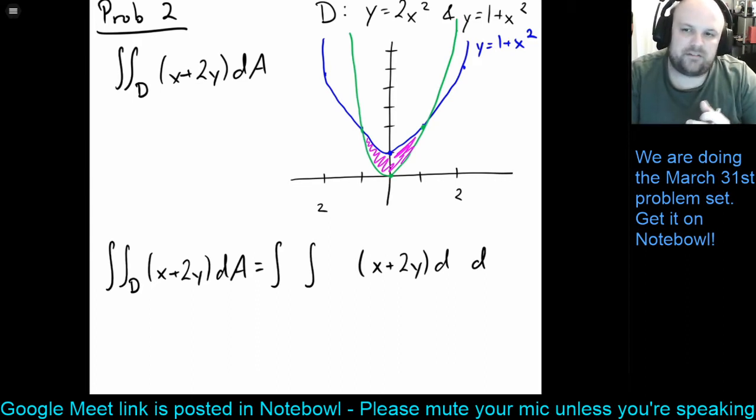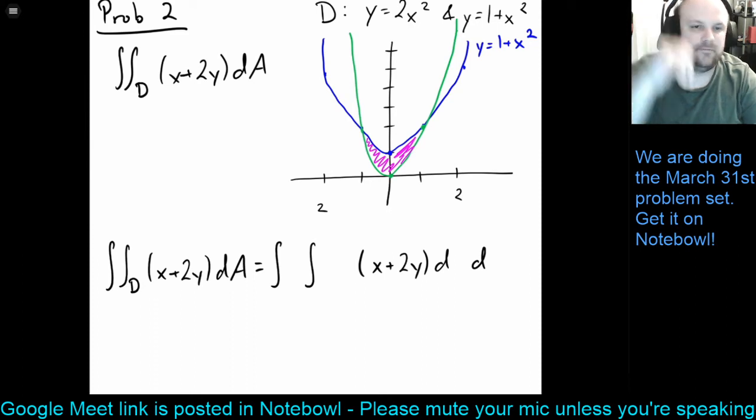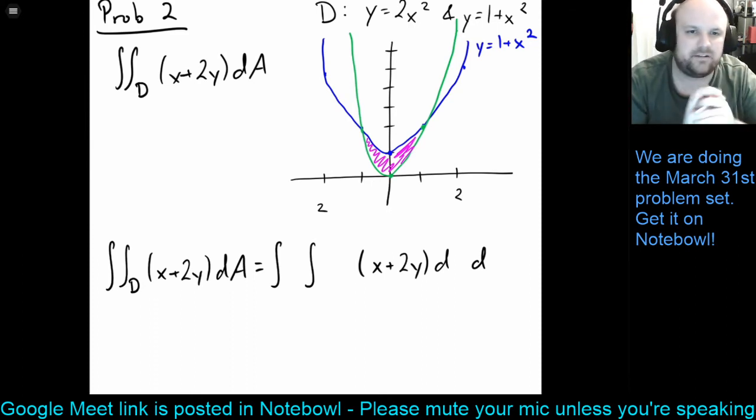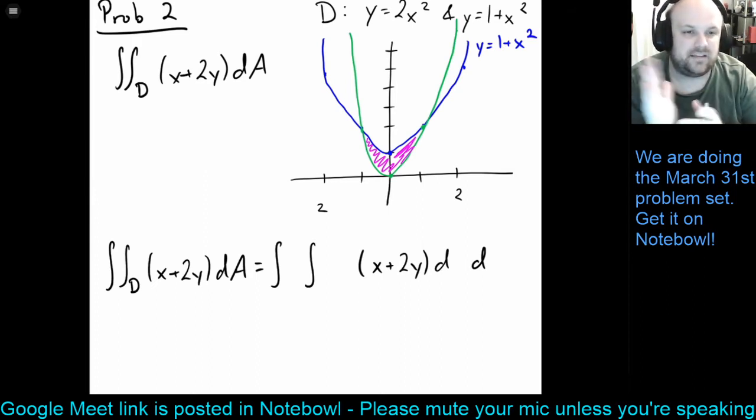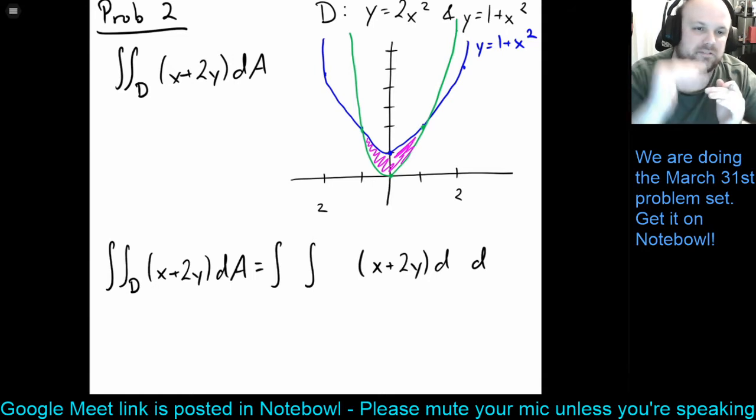are the bounds going to be easier to set up if I move from left to right or if I move from bottom to top? So think about that for a second and let me know what you think we should do. Should we try to set up the bounds left to right first or bottom to top first?